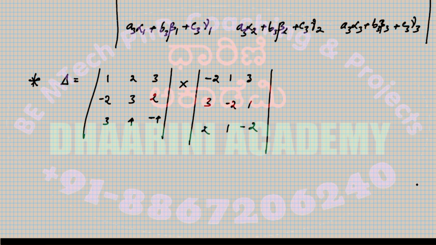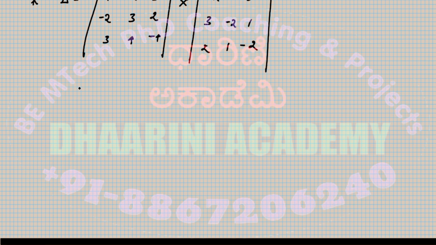As per the above equation, we'll multiply. This method is called the method of row by row multiplication.